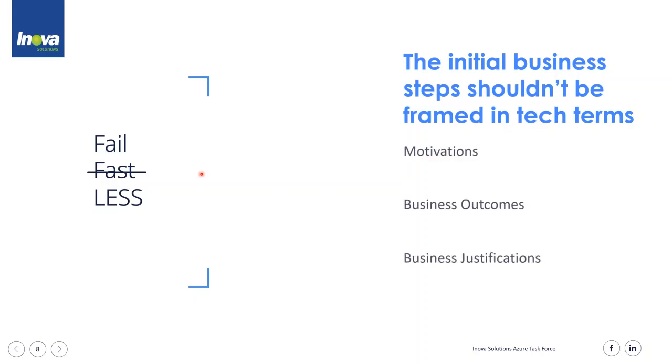We want to frame it in business terms. We want to talk about why the business wants to move to the cloud. What's the motivation behind it? We want to talk about what success along the lines of that motivation looks like. If my motivation is to provide better customer service, how do I measure that? And what metric lets me know that I've achieved success in that business outcome?